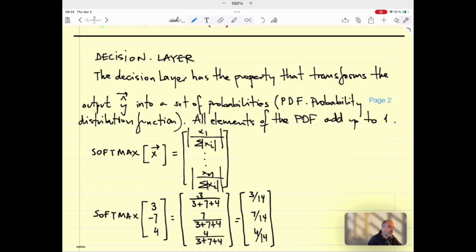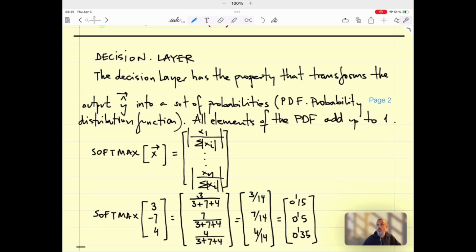Okay. So if we do that in our heads, this is going to be 0.5, and then 0.15, I guess, and 0.35.